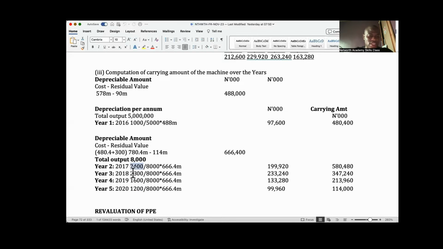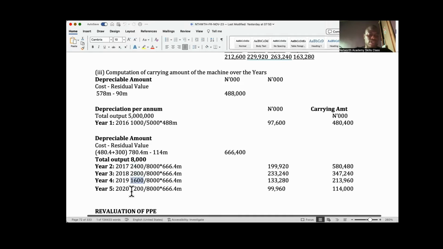But when I added this plus this plus this, you'll have 6 8s, so I'm sure there's still remaining output of 1 2 for next year, which helps confirm that our final figure should be the residual value. So that was why we doubled those outputs from year 2 going forward.